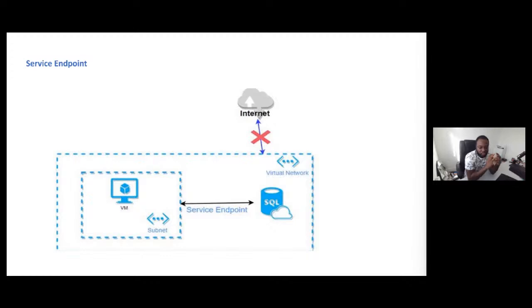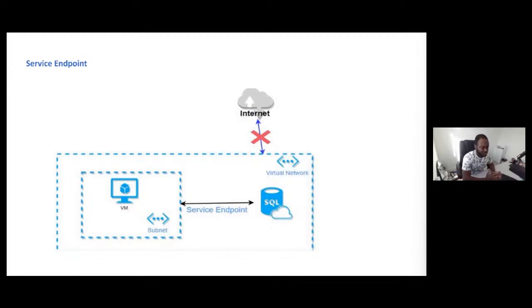So it provides that level of security, because sometimes you might not want to allow anyone to connect to your resource. So you want to probably block public access. So blocking that, you will need to use another medium or another service to allow the internal resources on your VNet to talk. This is where service endpoint comes in, right?